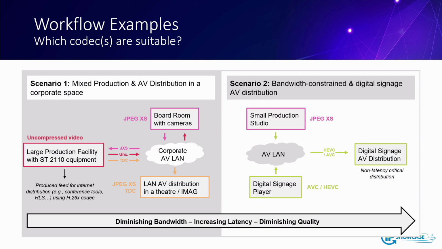But the feed you're producing and distributing is not latency critical, and you can have some digital signage players as well in your network. And so the feeds that are produced and casted by the player are not latency critical, and so those feeds can be HEVC or AVC feeds.